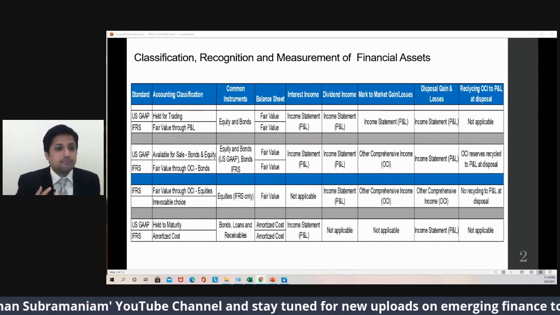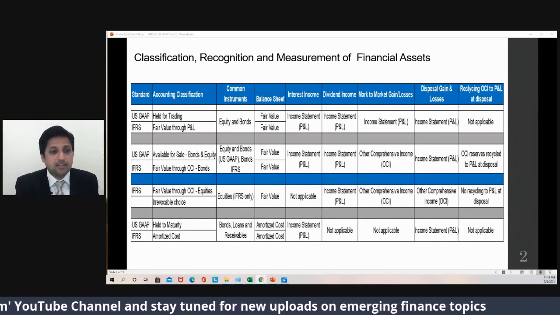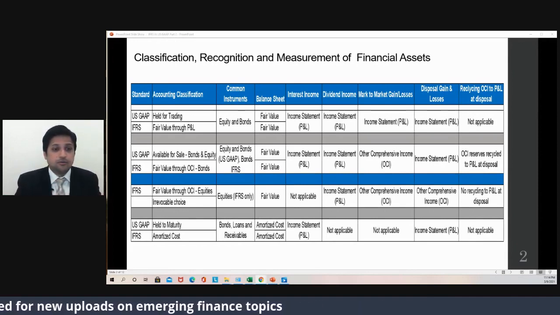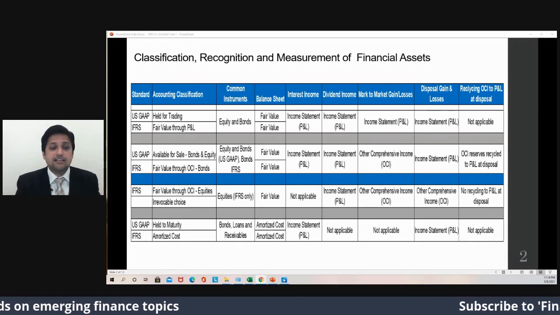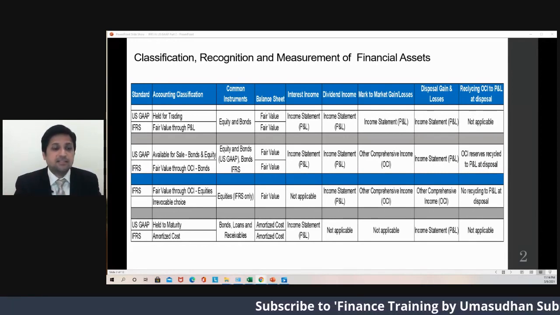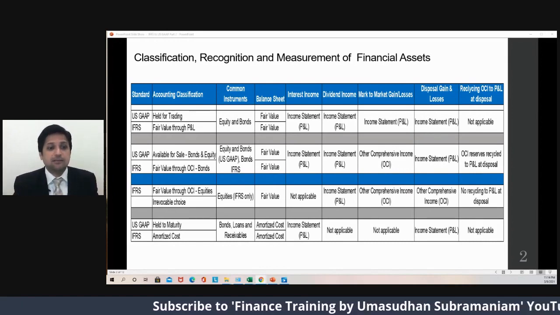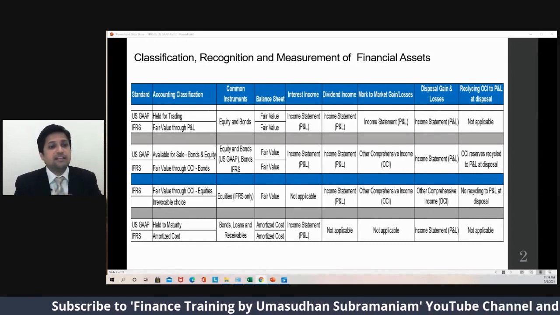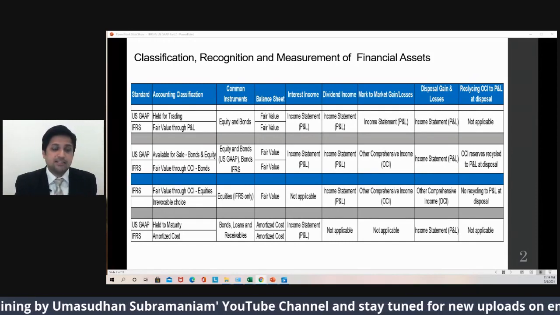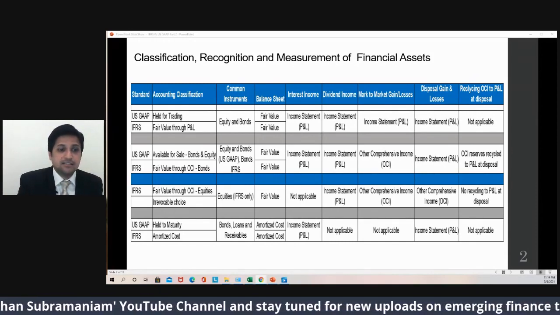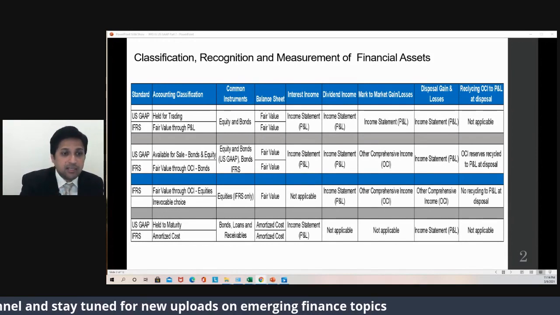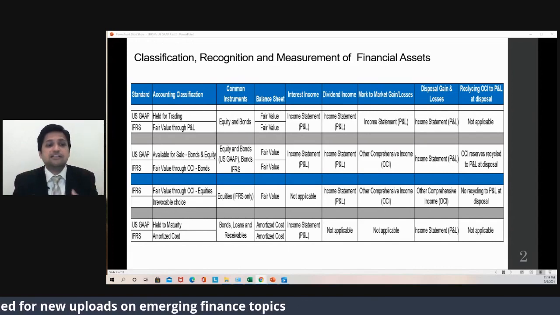However, for companies who invest in equity investments as strategic investments to increase the stakes later on to make it an associate or subsidiary, then it doesn't really make sense to create a P&L volatility arising from the fair value changes. And that's why the standard setters added a classification called fair value through OCI equities, but they want to discourage this classification.